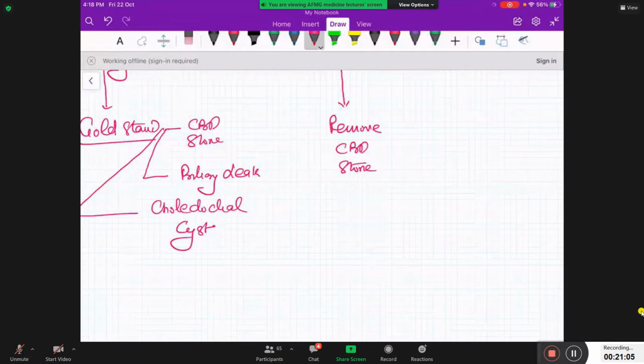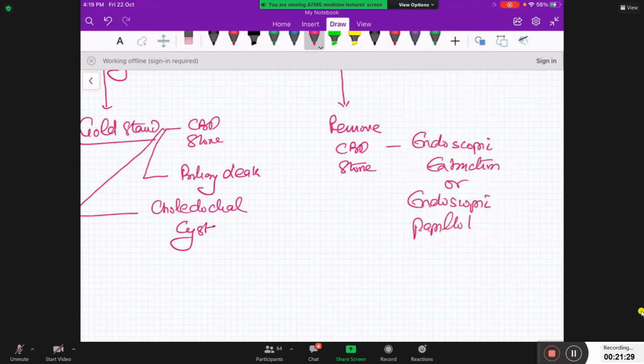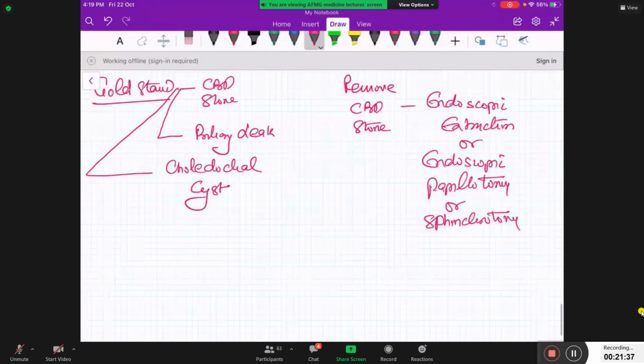The removal of CBD stone through ERCP is called endoscopic extraction of CBD stone, or it is also called endoscopic, you should note this point, papillotomy or sphincterotomy.